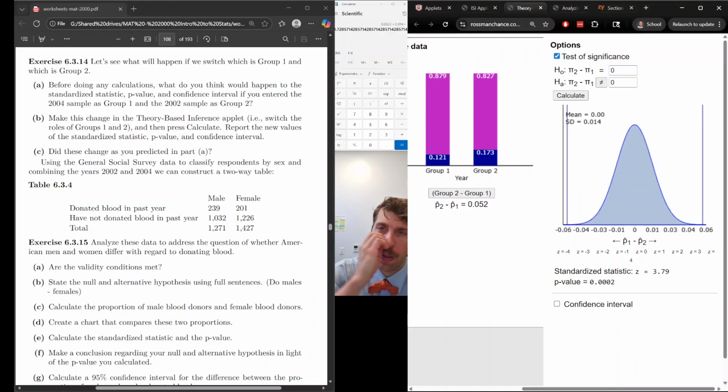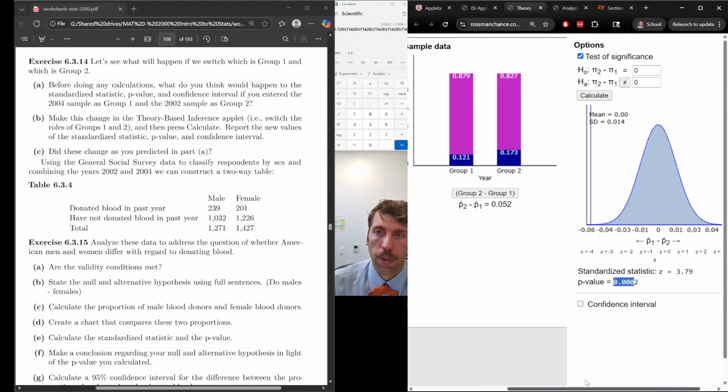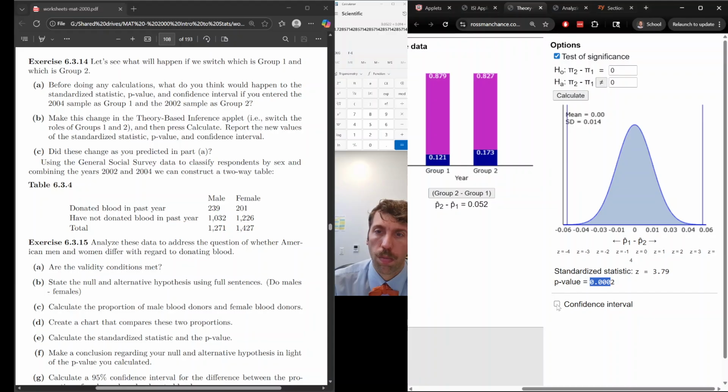Okay, and so report the new values of standardized statistic, p-value, and confidence interval. So report your standardized statistic, that's your z-score, your p-value, that's this number, and your confidence interval. So, oh yeah, I want to do confidence interval 2.